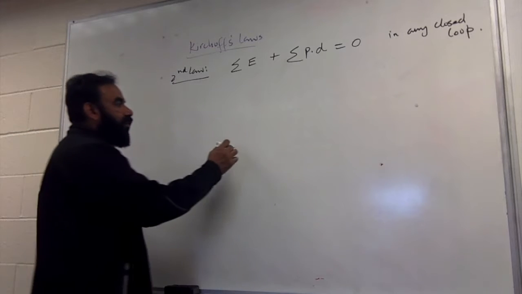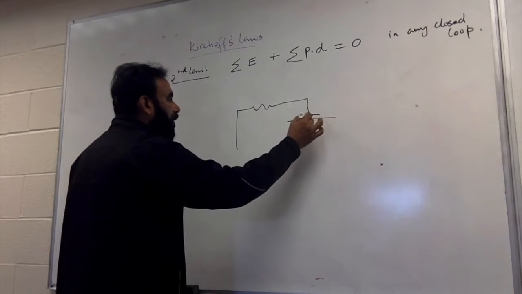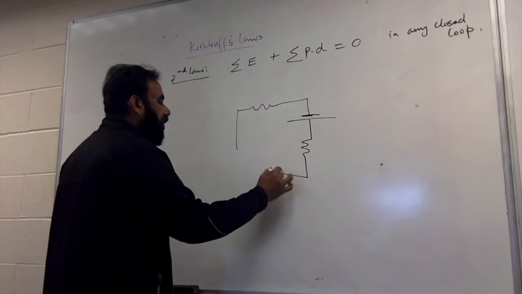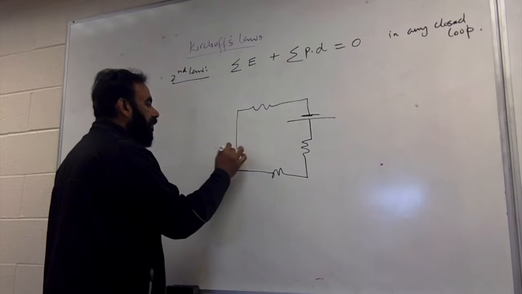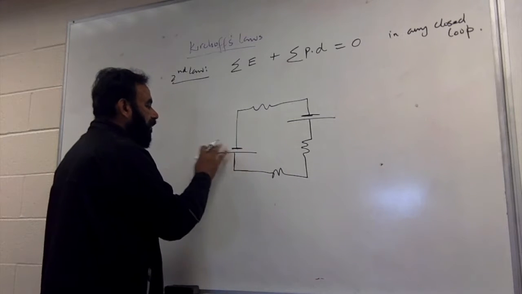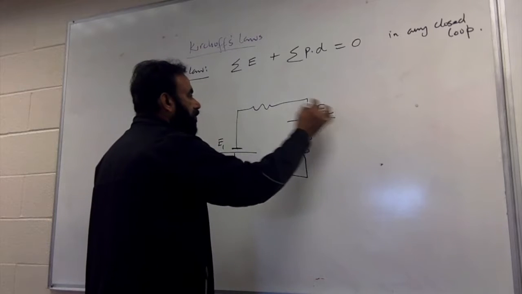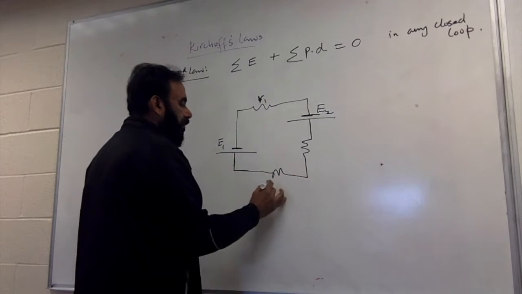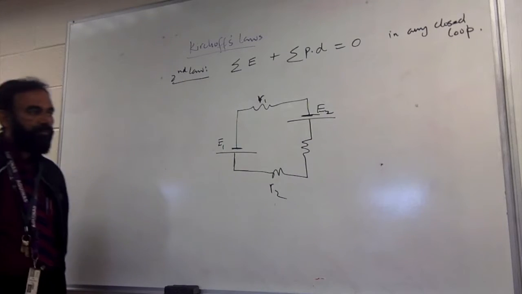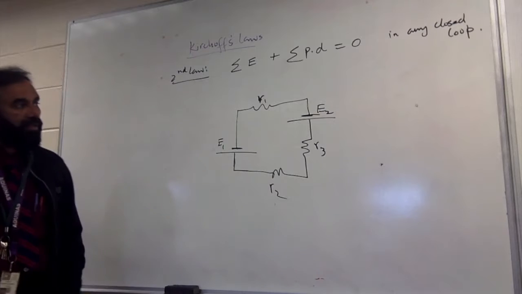So when you have a closed loop like this, there are some EMFs, there are some resistors, and you may have internal resistance as well.